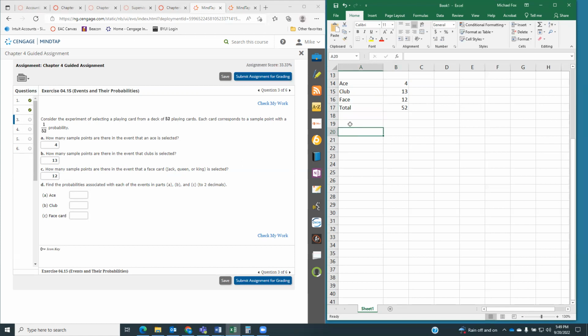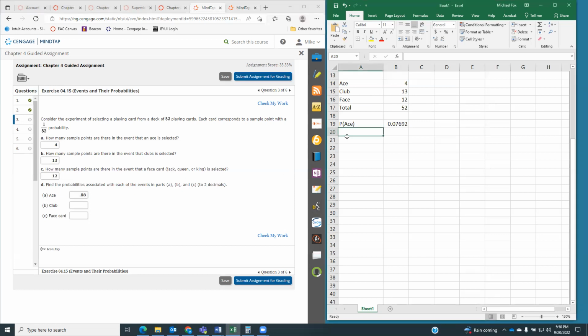Okay, so our probability of an ace is just going to be the number of sample points divided by the total number of cards in the deck. So it's 4 out of 52, or 0.07692. It wants us to do it to 2 decimals, so that's going to be 0.08. So if I randomly pick a card, I've got an 8% chance of it being an ace.